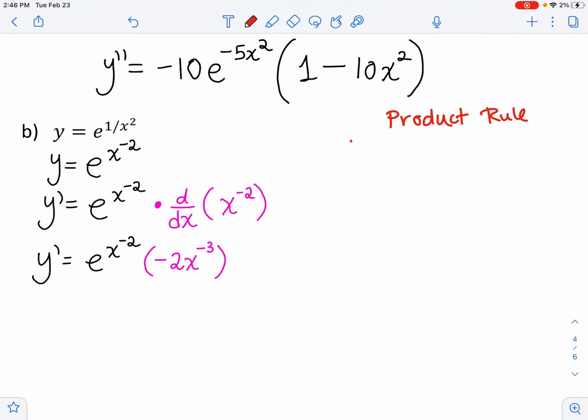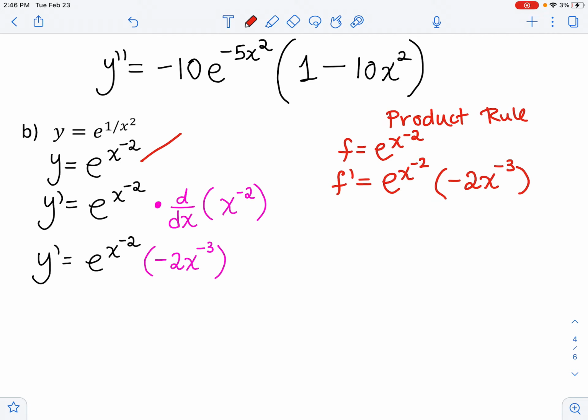So the first piece is e to the x raised to the negative second power. As you can see, that was the original function that I differentiated. So f prime is nothing more than y prime, which is e to the x raised to the negative second power times negative 2x to the negative third power.